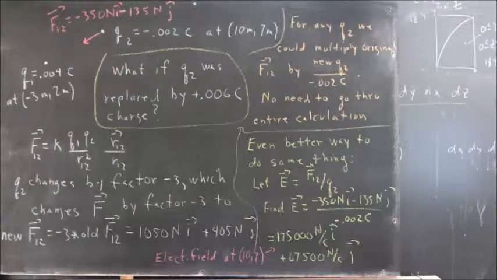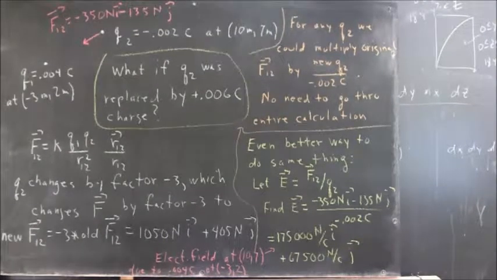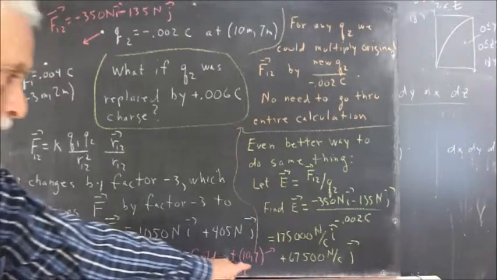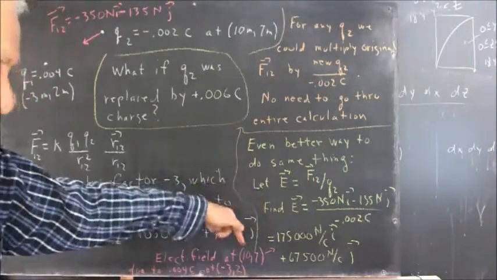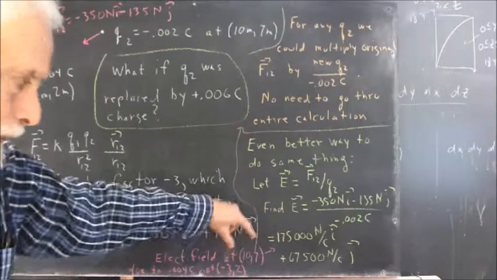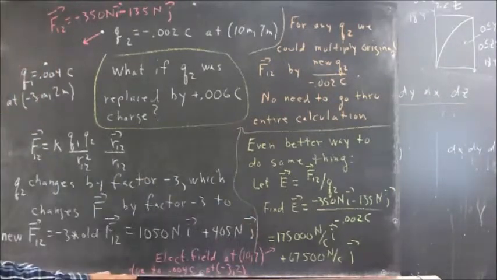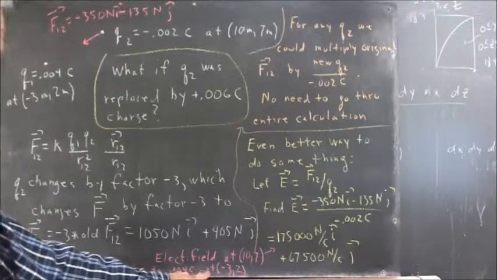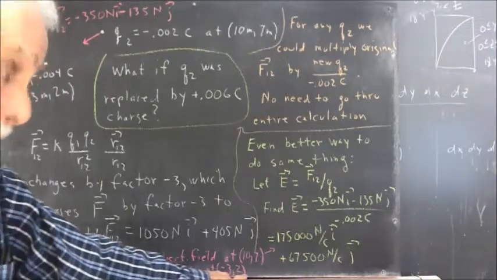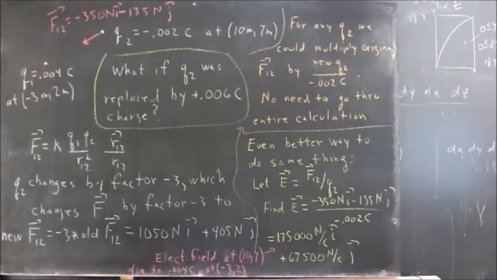Okay, I'm going to write that in off camera, and then we'll wrap this specific video up and go on to another one. Okay, I've written that in. Electric field at (10, 7), and of course I haven't put the meters in there just for space reasons, but it's understood that's 10 meters, 7 meters, due to the 0.004 coulomb charge at negative 3 meters, 2 meters.